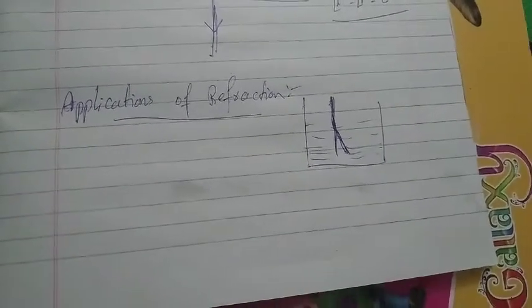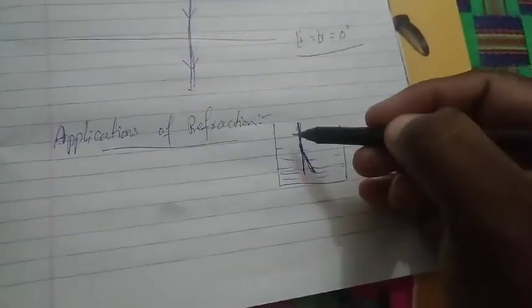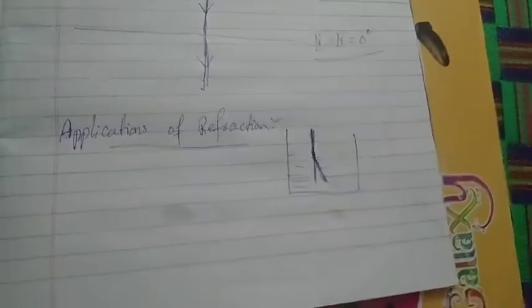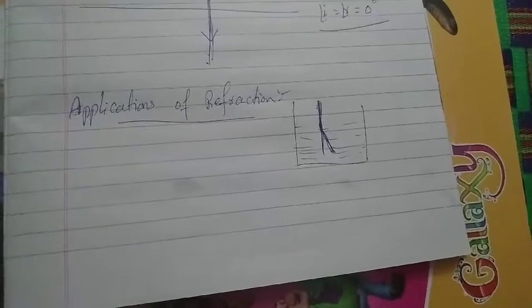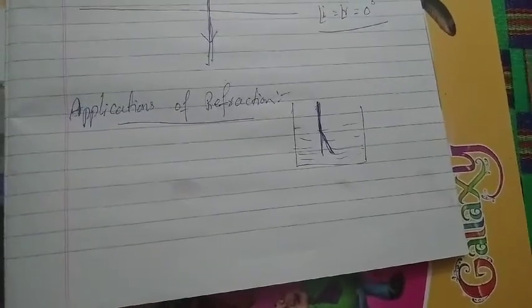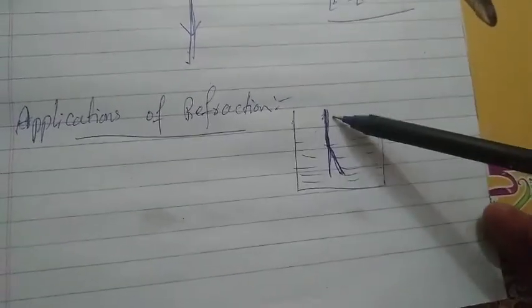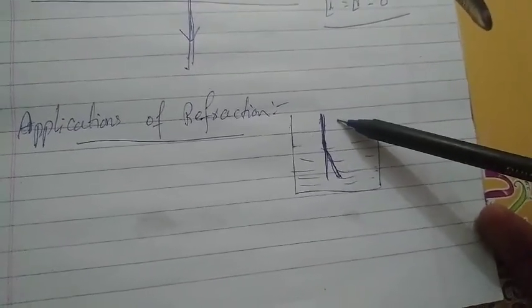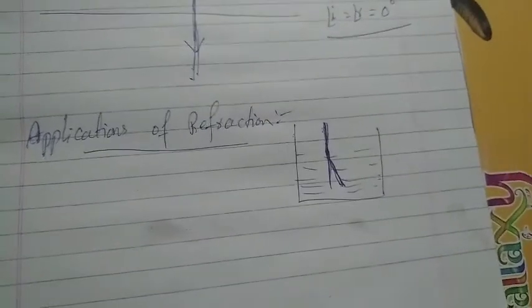water. Why is that? Because we are watching the stick from air, and the stick part which is in the air appears in the same position. The reason is in this position the light is not taking refraction. How? Because this portion is in the air and we are watching it from air.